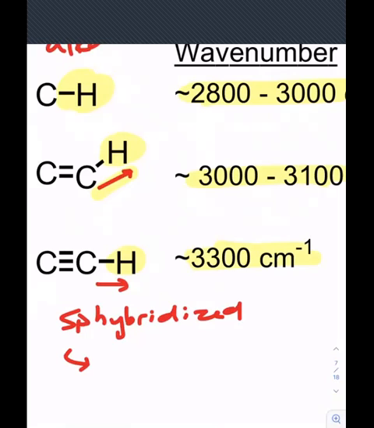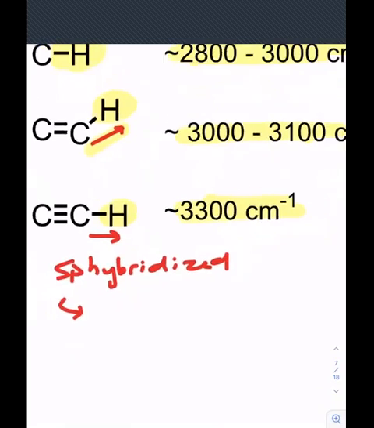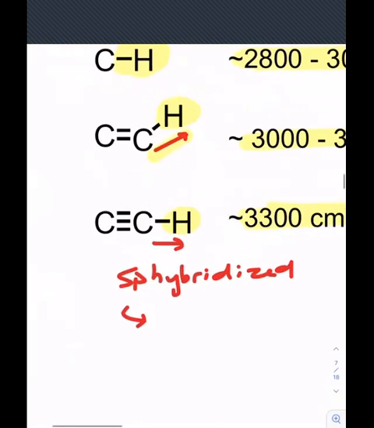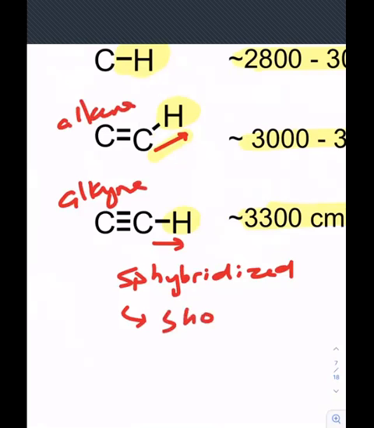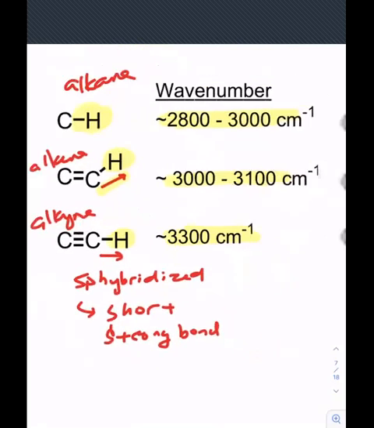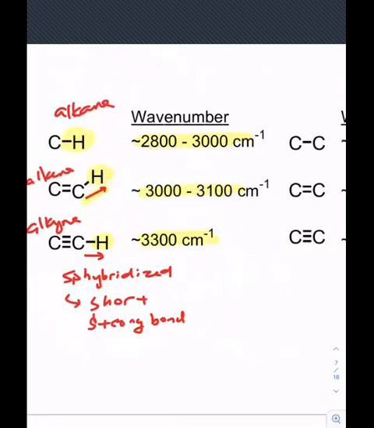Or to get it excited, if it's a really short and strong bond. So that CH bond on the sp carbon on an alkyne is very short. That's why it's higher. That's why it takes more energy to get that to vibrate than it does for the alkene and the alkane.